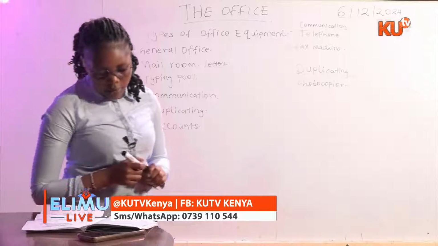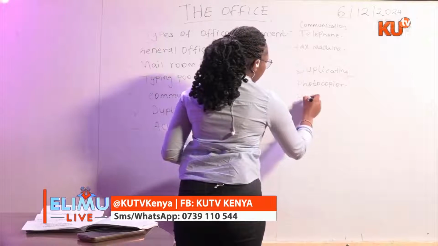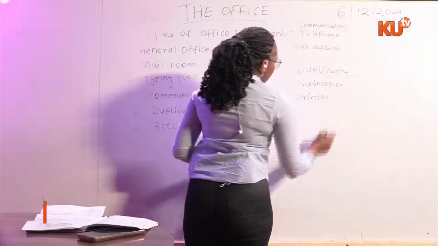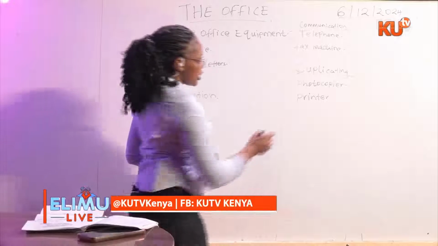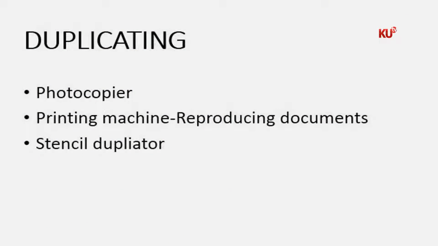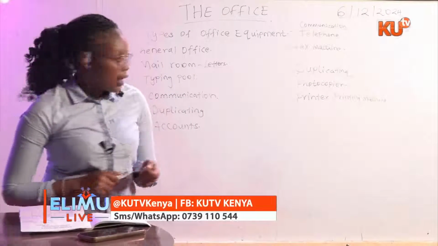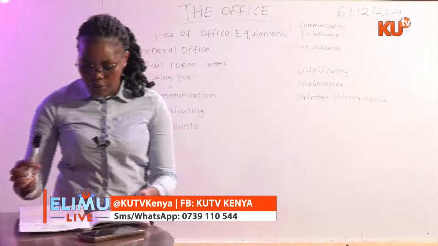And then the next one we have is a printer. A printer also is a very common equipment. A printer, or rather a printing machine. I believe most of us have come across a printing machine whereby maybe you might send a soft copy and then you print it using a printing machine.